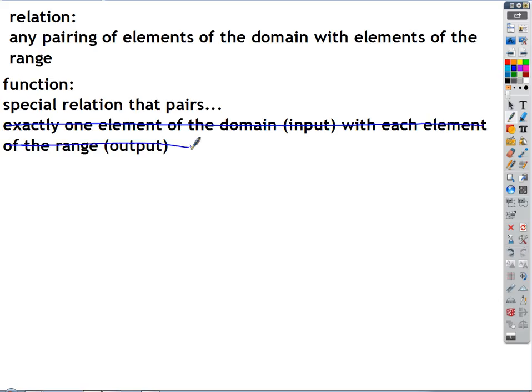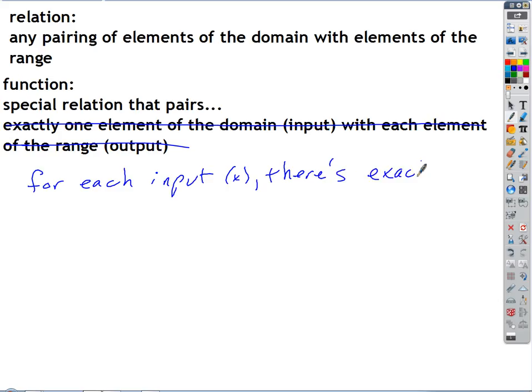A special relation that pairs each input, typically x, with exactly one output.